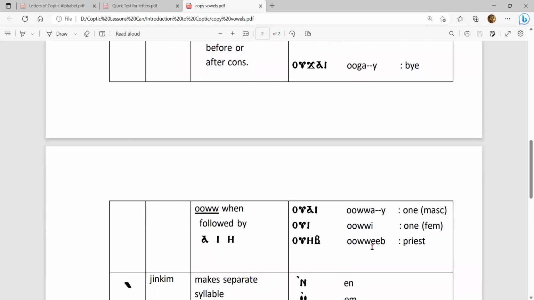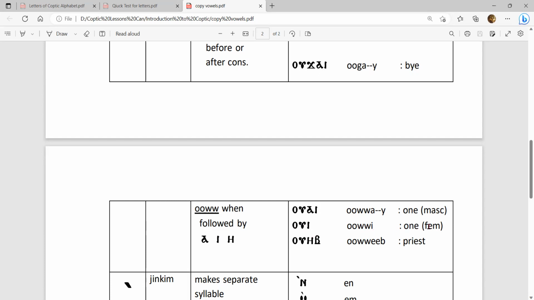Okay. The next example is when it's followed by iota. It is an uwi. Sorry, the first one is one in masculine. The second one here is one in feminine. Uwi, uwi.